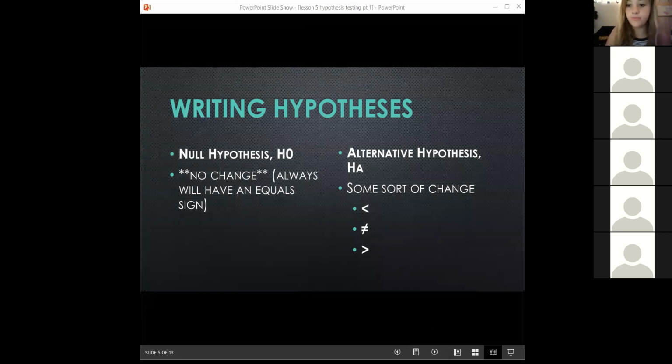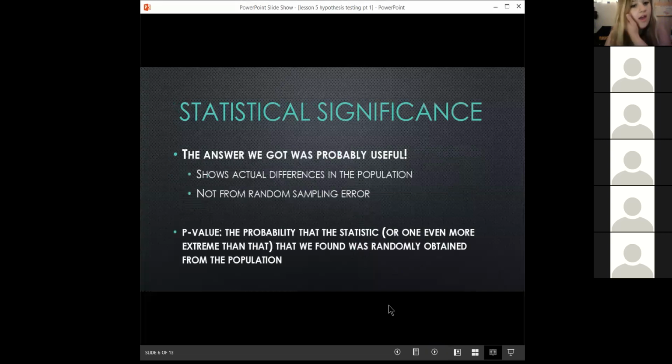All right, awesome. So when we're talking about statistically significant results, it means we think there's some sort of difference in the population. Remember, when we wrote those null and alternative hypotheses, our null says there's no change going on. But then our alternative is saying something's going on. There's some sort of change. So if we find statistically significant, there's probably some sort of difference.